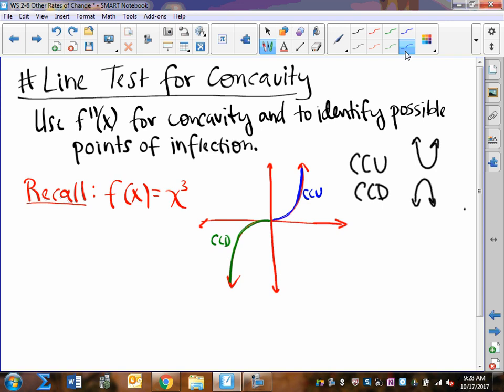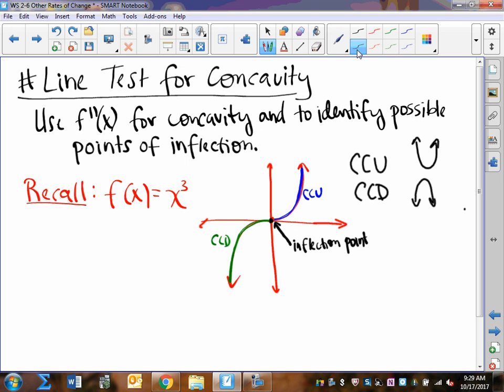Now, what is this weird word, point of inflection or inflection points? What do we call this? Yeah, very good. It's simply where it's that change in concavity. So this here is my inflection point, or point of inflection. You might see me abbreviate point of inflection as POI, sometimes in your instructions, or concave up, concave down like that.